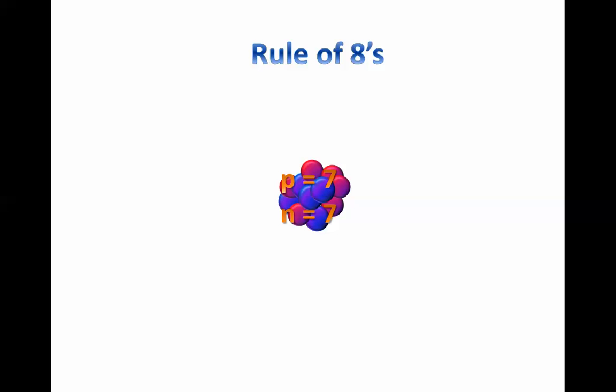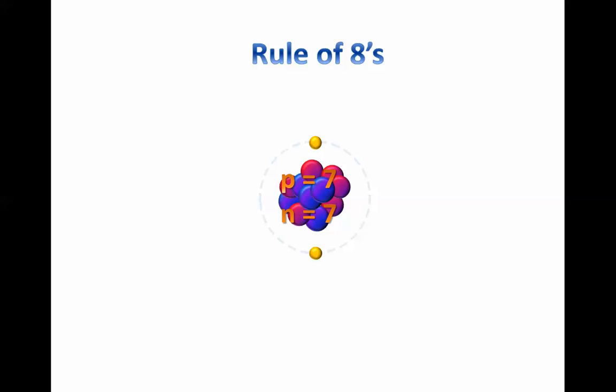Nitrogen is an atom with 7 protons, 7 neutrons, but if it has 7 protons, we know it also has 7 electrons. And if I start to arrange the electrons in the shells around the nucleus of a nitrogen atom, there's the first shell, 2 electrons in the first shell, and as soon as I get 2 electrons in the first shell, it's full.